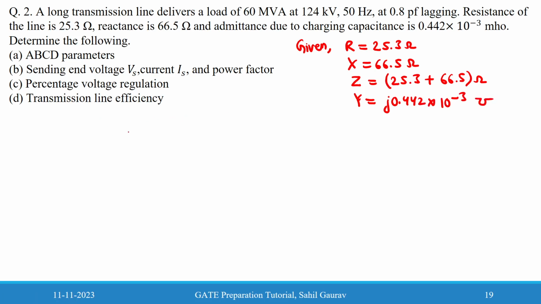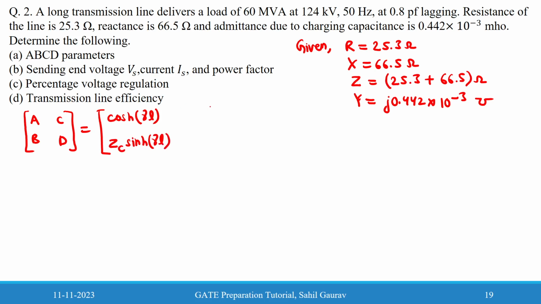Then for finding the ABCD parameters we have to find this γL first, because if we see the ABCD in the long transmission line, then A is cosh γL, B is ZC sinh γL, C is 1 divided by ZC sinh γL, and D is cosh γL.